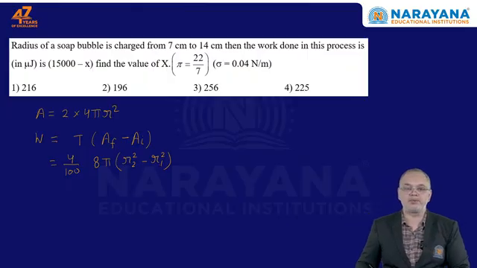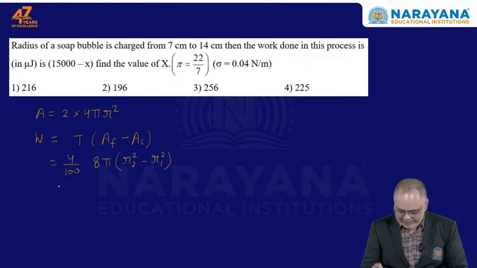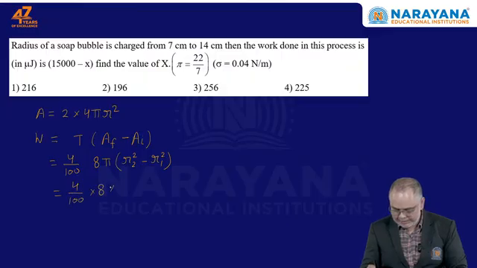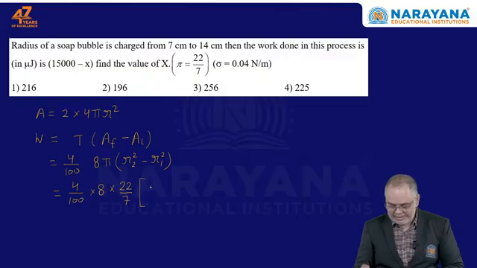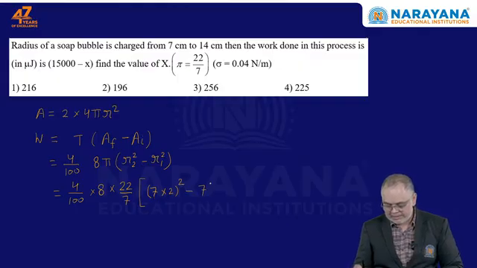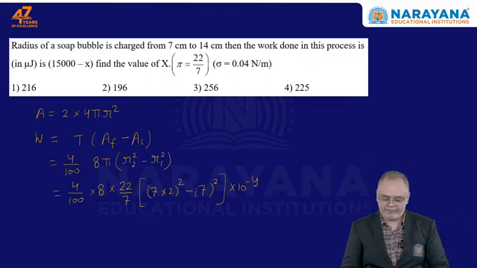Now r1 and r2 values are given, that is 7 centimeter and 14 centimeter respectively. So we can substitute the values here: 4 by 100 into 8 into 22 by 7, r2 is 14 centimeter, so I am writing 7 into 2 whole square, minus r1 which is 7 centimeter, 7 square, into 10 to the power minus 4. In meter square we have to write the area here.